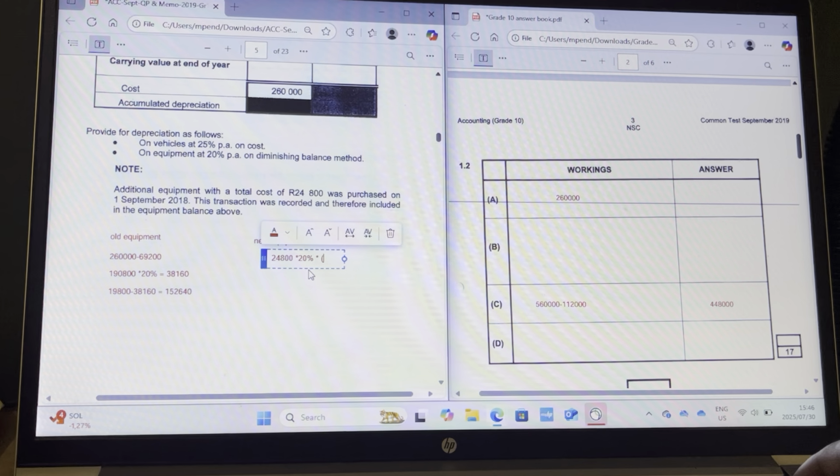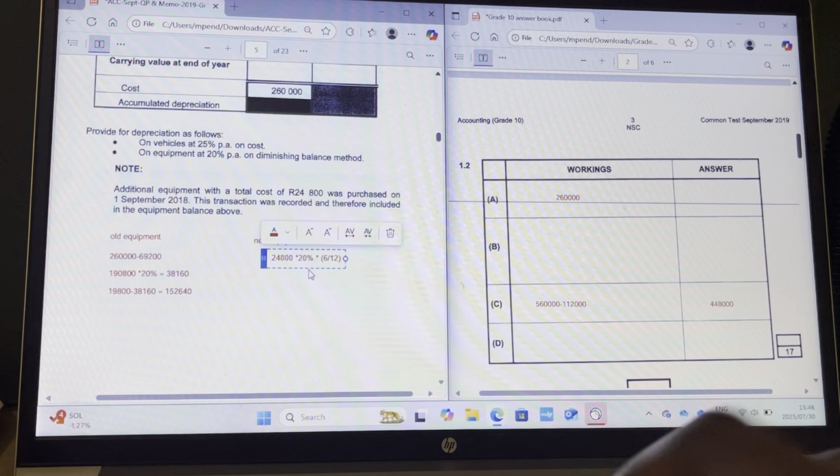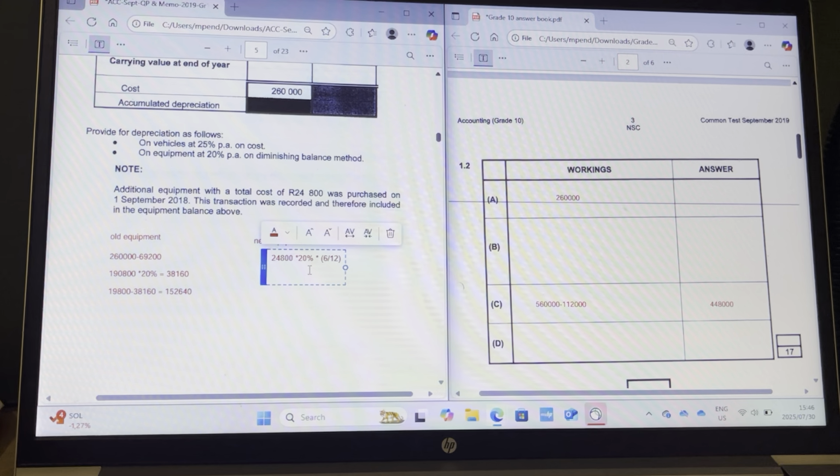We have it for September, October, November, December, January, February. So it's 6 months out of the 12 months. So that's how much depreciation we're going to account for. And it is going to be 24,800 times 0.20 times 6 over 12.